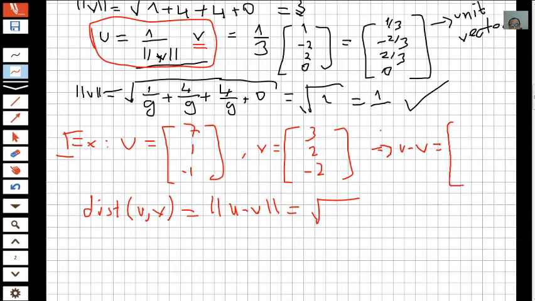The components are 4, minus 1, plus 1. Minus minus 2 becomes plus 2, and minus 1 becomes 1. So 16, 1, plus 1, the squares of the components. So we have the square root of 18, or 3 times the square root of 2.